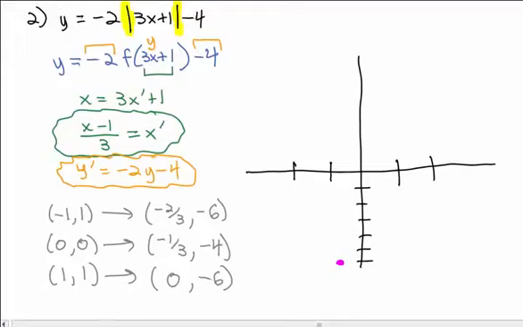The next point is at -1 third, -4. And the next point is 0, -6. And if we connect the dots with that V shape that we're expecting, we get our graph of our absolute value.